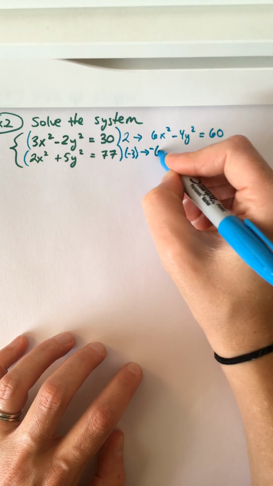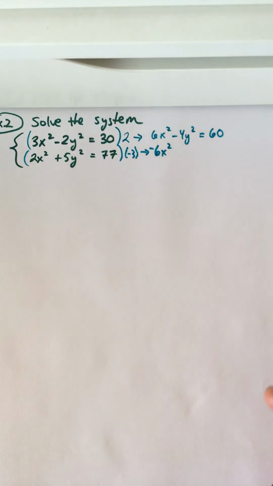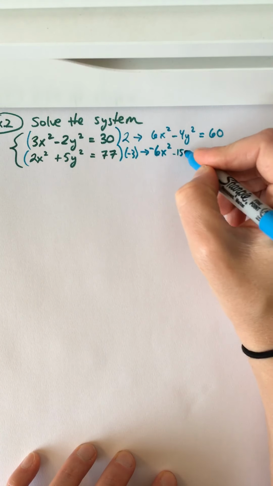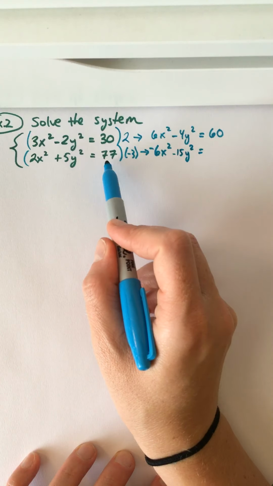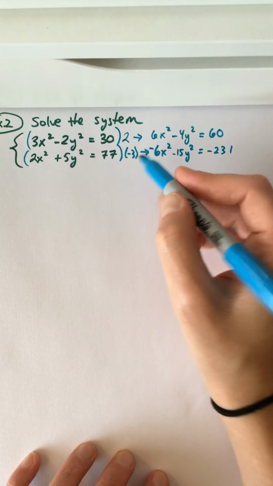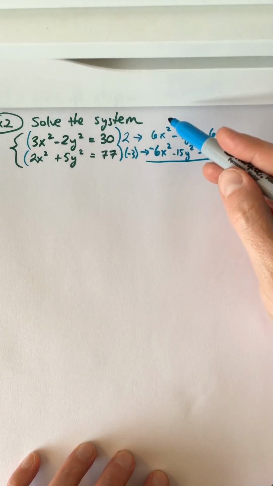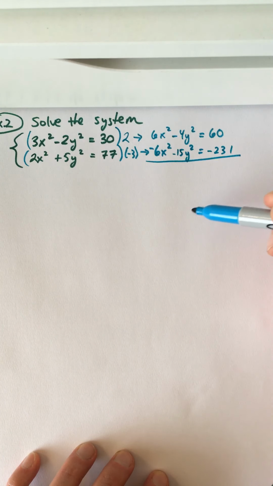So we get -6x squared minus 15y squared equals -3 times 77, which is -231. And now we can add these equations together, which will eliminate the x variable.